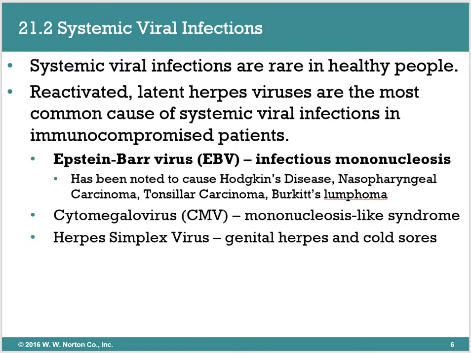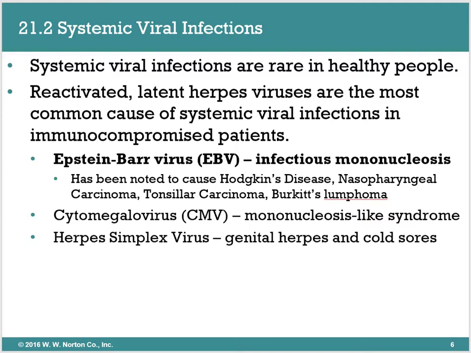So this is infectious mononucleosis. So this primarily occurs in patients that are severely immunocompromised, such as people that have Hodgkin's disease, or they have nasopharyngeal carcinoma, or they also have tonsillar carcinoma as well. Sorry guys, I'm going to be butchering all these.